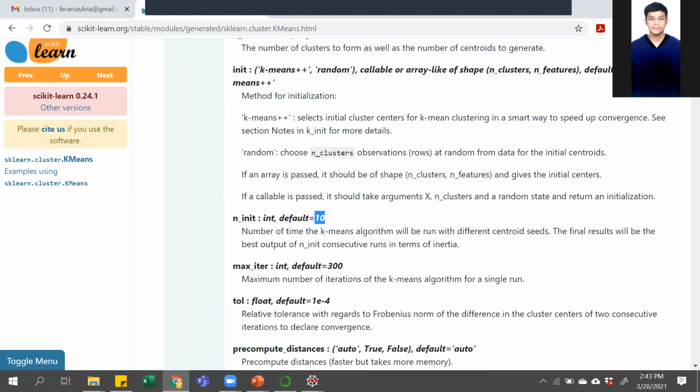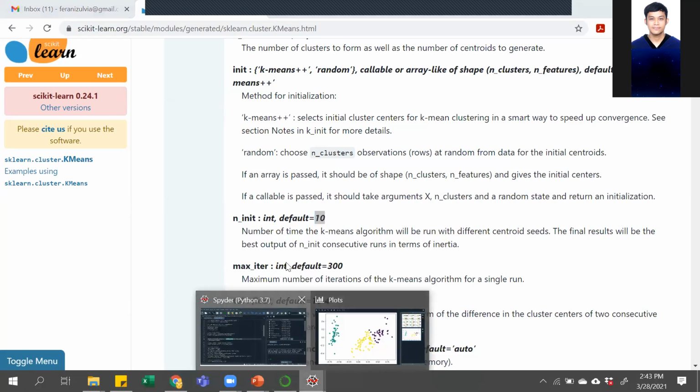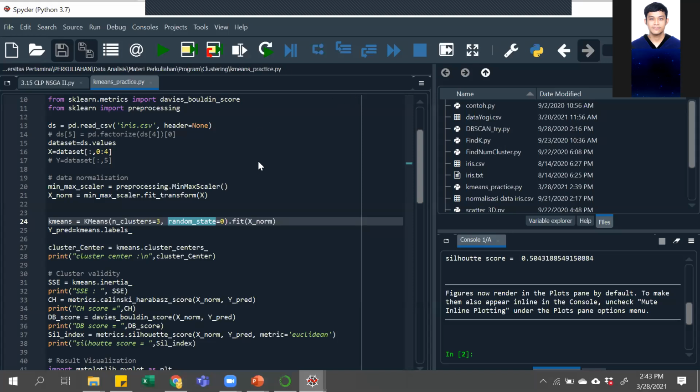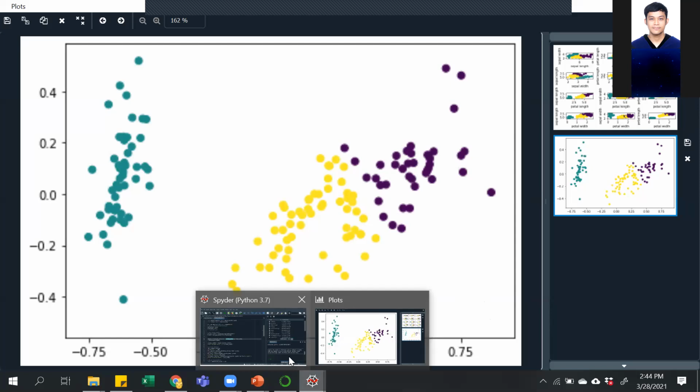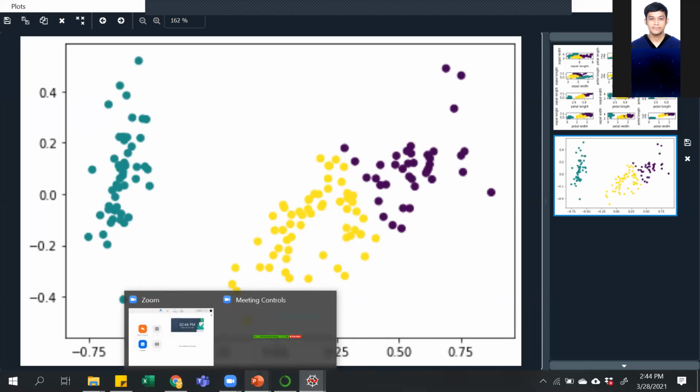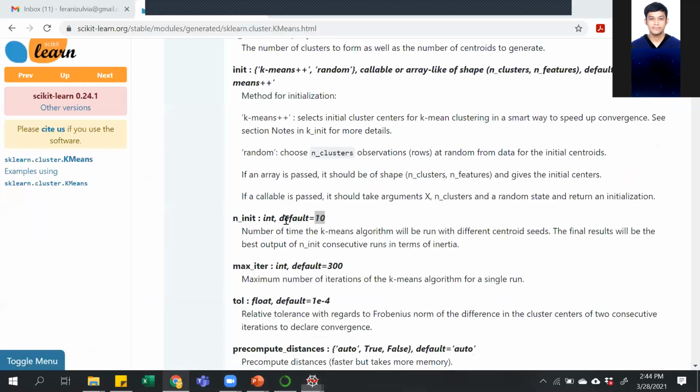So although, for example, I run one time and get this result, the program has actually already run 10 times with 10 different initial random centroids, and only gives us the best one. Okay, if you want to increase it, that is also possible. You just change this one.